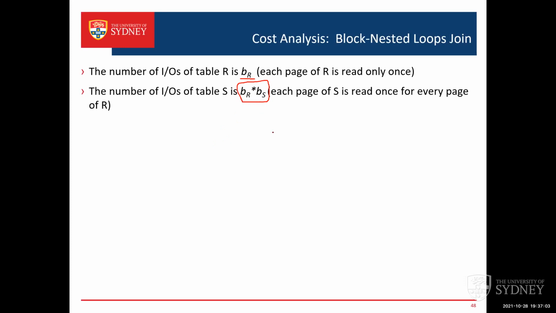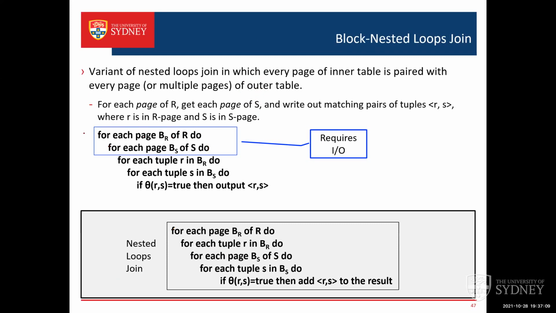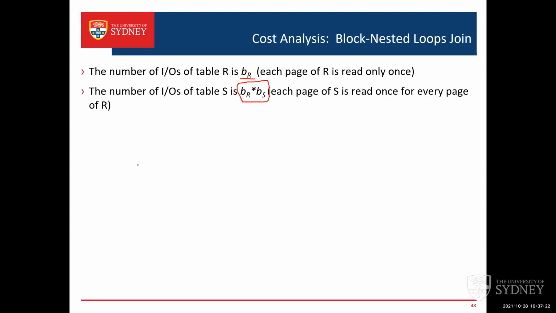Hopefully that part is making sense. So the first line is saying for each page, so that one is BR. And for each page of S, we need BS. Since they are nested, how much do we need? We have to multiply all of them, right? So now we have BR multiplied by BS.